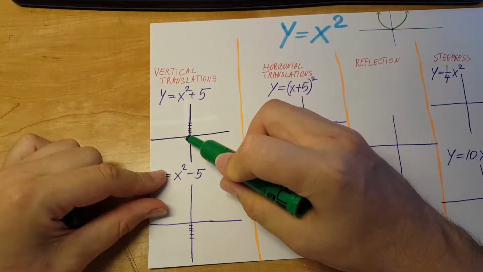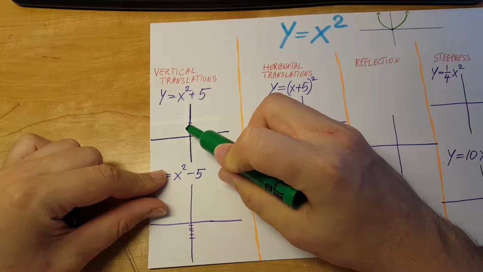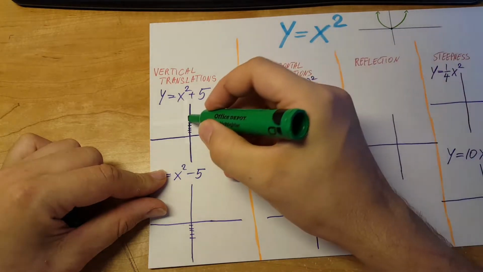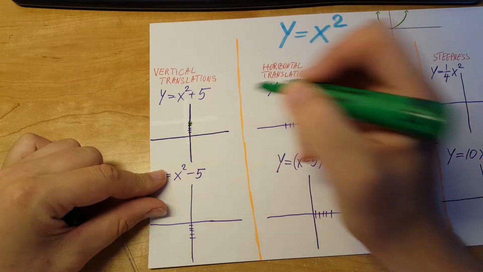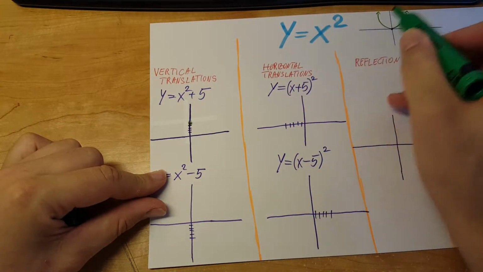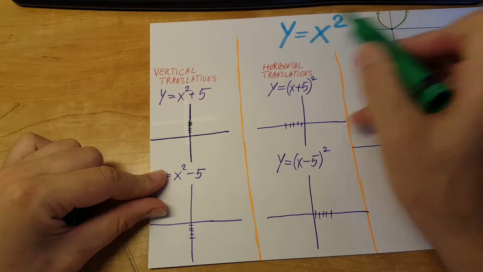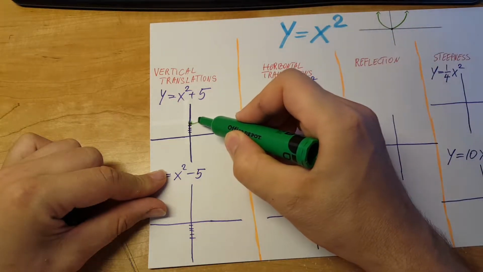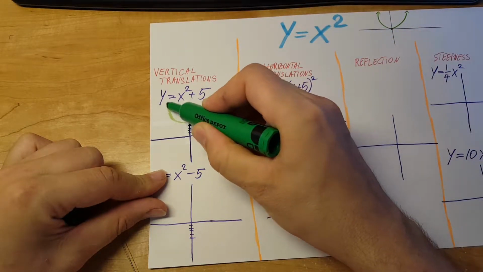So we're going to put it at 0, 5. Let me mark it right here. There's going to be our vertex. And it's exactly the same shape of a parabola, just like y equals x squared. So it's going to be nicely going like that.